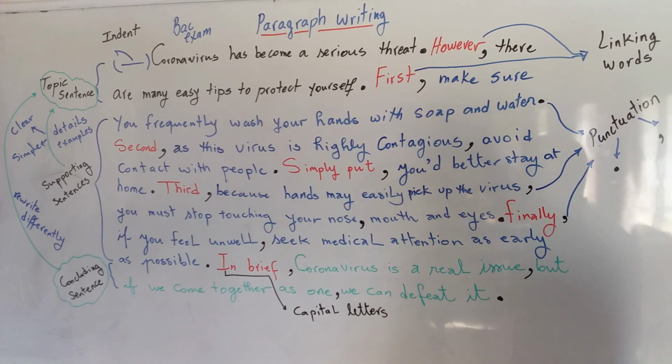Third, because hands may easily pick up the virus, you must stop touching your nose, mouth and eyes. Finally, if you feel unwell, seek medical attention as early as possible. In brief, coronavirus is a real issue, but if we come together as one, we can defeat it.